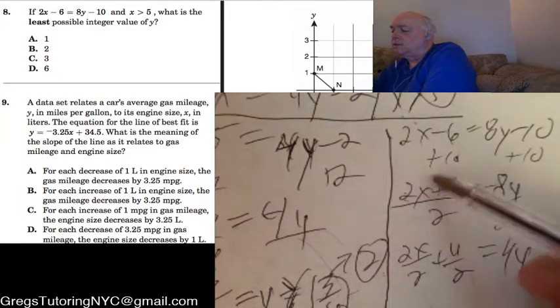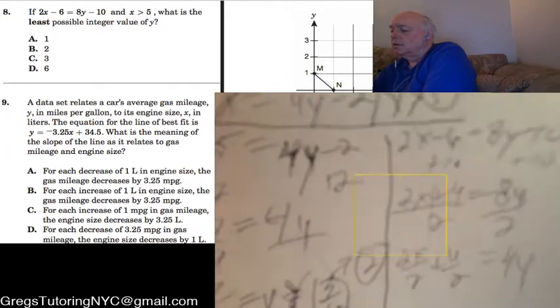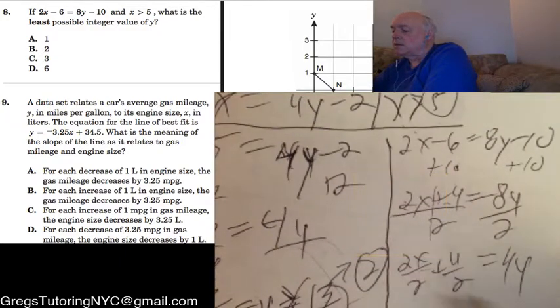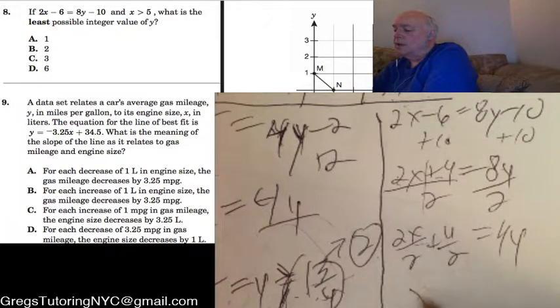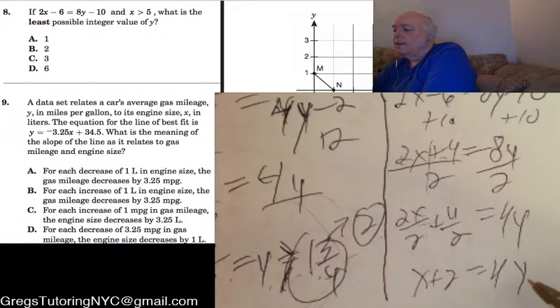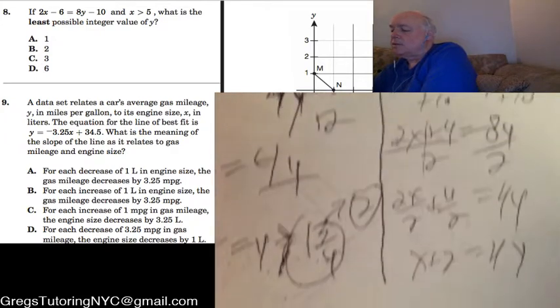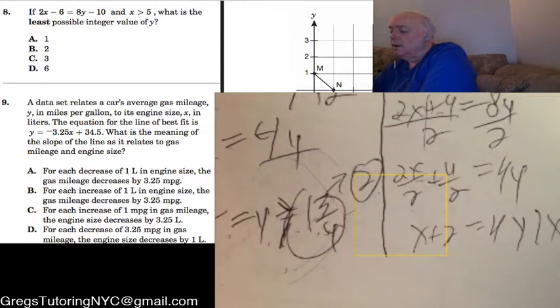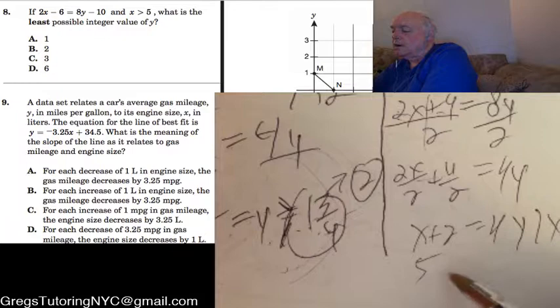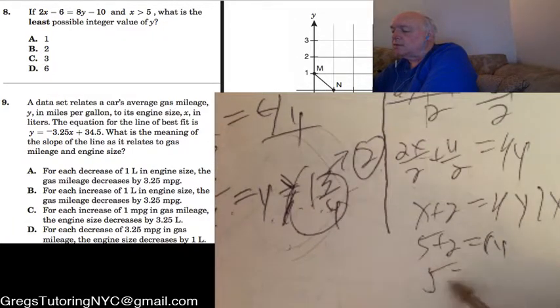Right? Everybody has to know you can divide this here, because if I had the 2 of these, I can merge them with the same denominator. So I get x plus 2 equals 4y. Did I do that right? Yeah. And then if we go back to the x greater than 5 stuff, well, if we put in the 5 here, we get 5 plus 2 equals 4y. And we get 7 equals 4y.